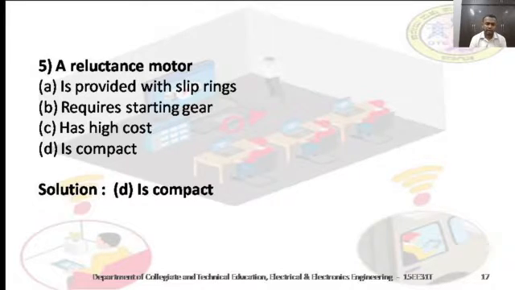It does not require any excitation. Hence, the slip rings are eliminated. The gear system is also eliminated. Since these two things we are not using, the cost is also reduced. It becomes compact and the cost is reasonable.